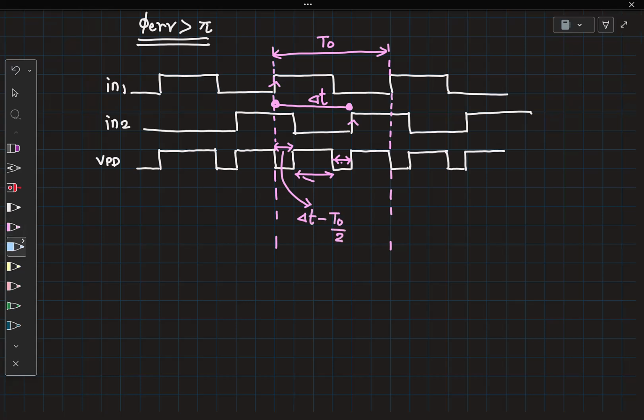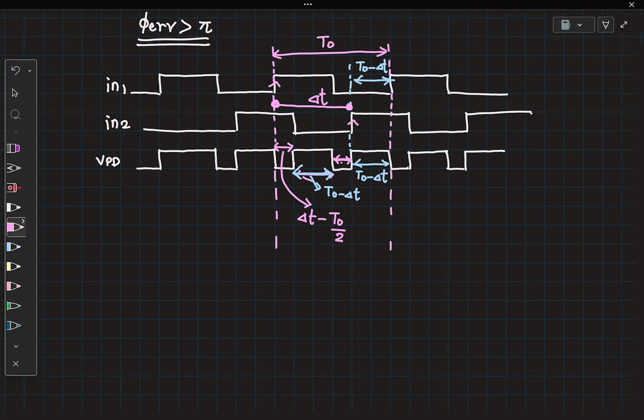What about this? This is equal to t naught minus delta t. How do you answer that? Because you compared with respect to this. So this gap is t naught minus delta t. You will see that this is also equal to t naught minus delta t. And this gap is going to be equal to delta t minus t naught by 2.